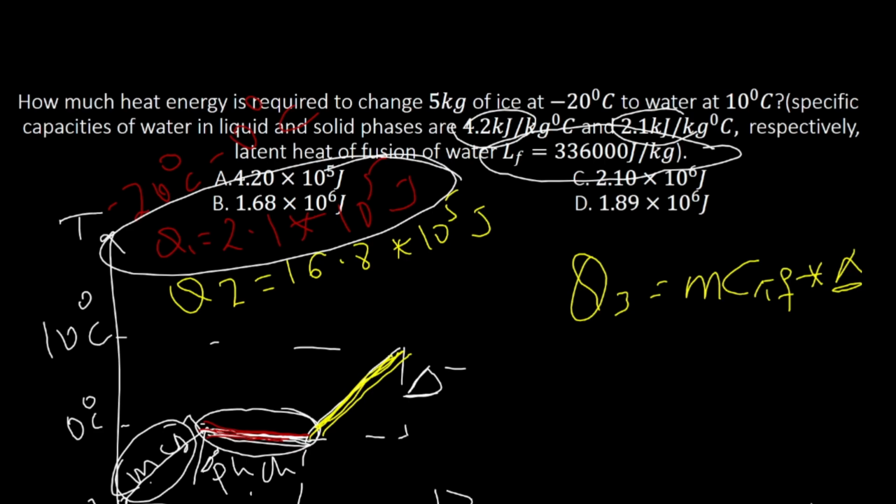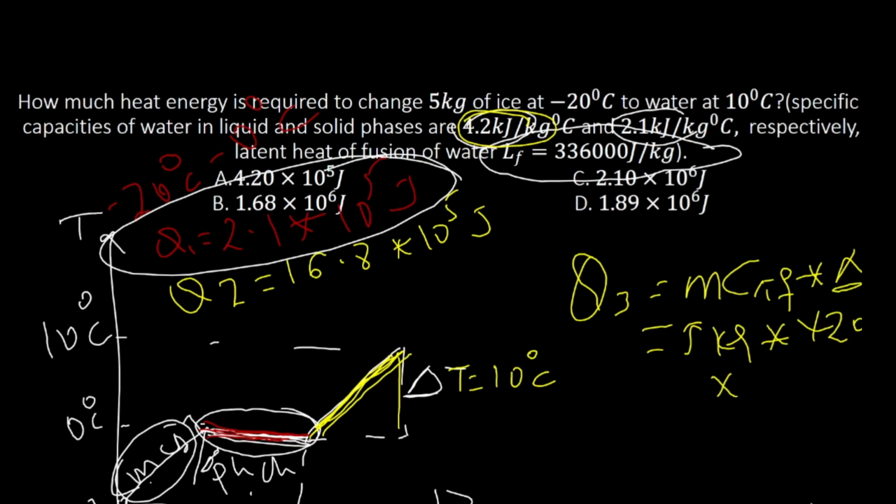The temperature change is 10 degrees centigrade minus 0 degrees centigrade, which is 10 degrees centigrade. So 5 kilogram times 4200 joule per kilogram degree centigrade times 10 degrees centigrade.